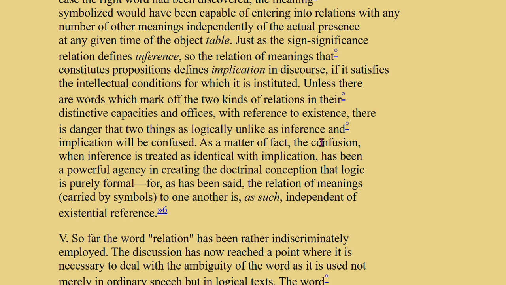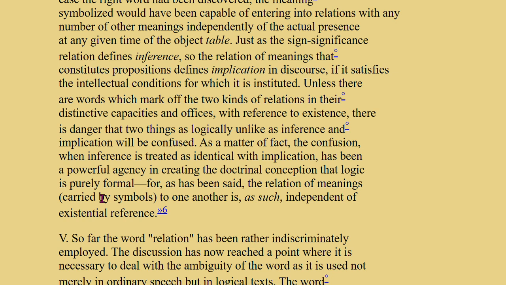As a matter of fact, the confusion when inference is treated as identical with implication has been a powerful agency in creating the doctrinal conception that logic is purely formal. For, as has been said, the relation of meanings carried by symbols to one another is, as such, independent of existential reference.